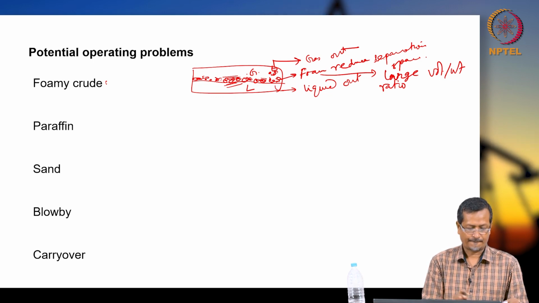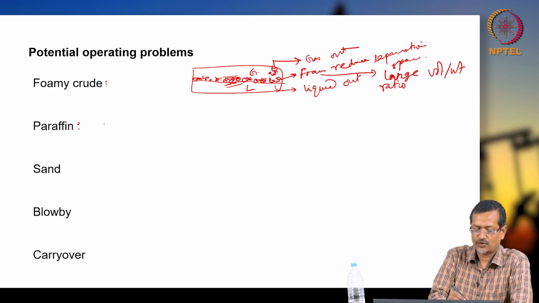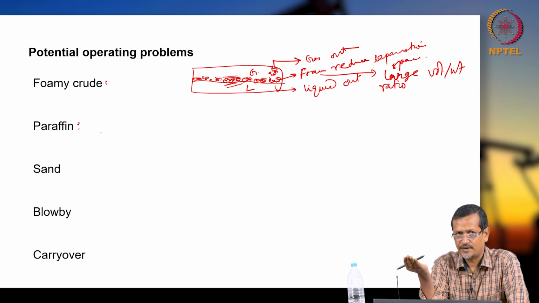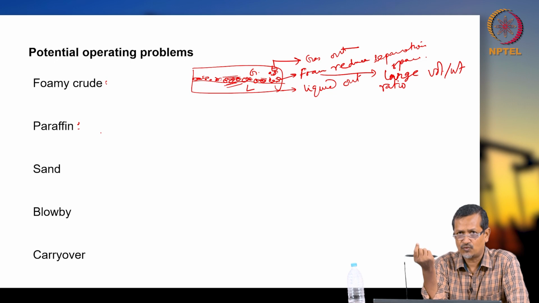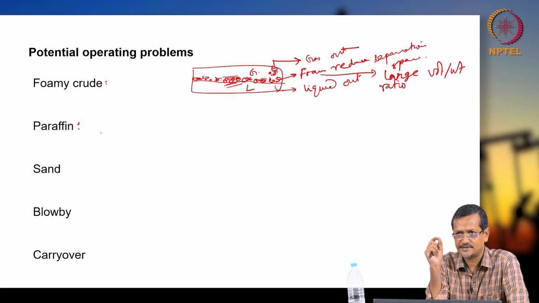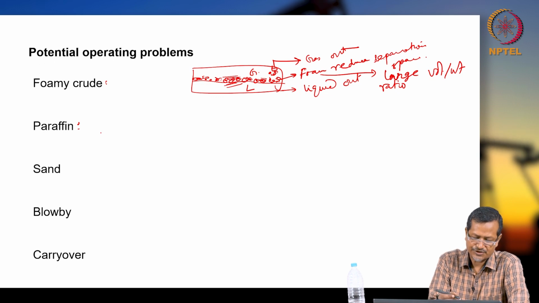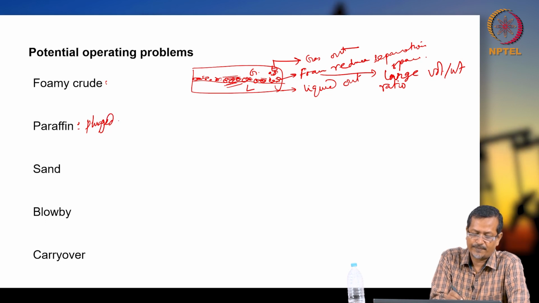Paraffin, at a certain temperature, will be solid. If you increase temperature it will be in liquid form, but if you reduce temperature it will be a hazy mass, creating clouds or small particles that will block everything. Coalescing plate, mesh, everything gets plugged because of paraffin.